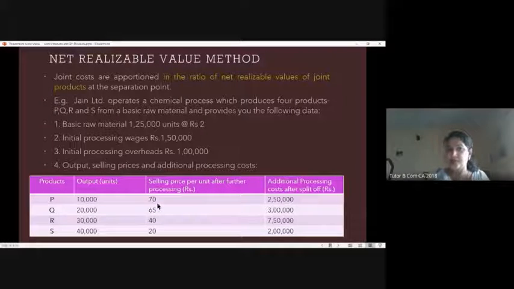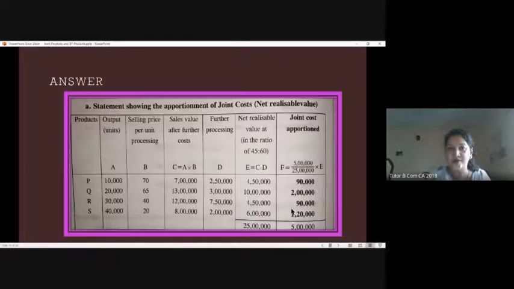This helps us to find out the sales revenue value, and the additional processing cost after split off is also given. Since this is given, we have to consider it because there is processing cost, a little more addition than the previous one. So how do we do this?